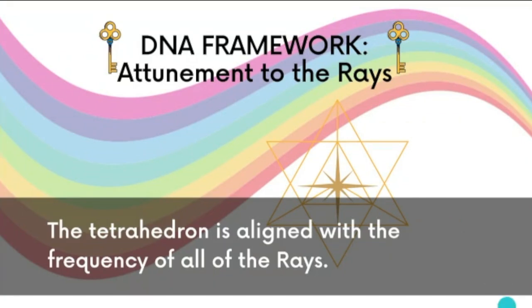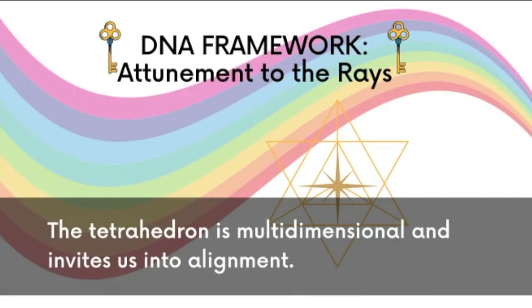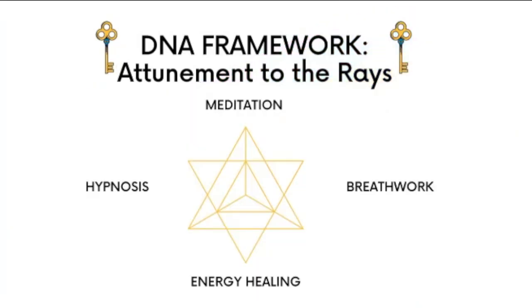And there's a correlation between the sacred geometric forms and high vibrational frequencies of thought, of feeling, of action. All of that is the law of nature. You cannot change it. The tetrahedron then is multi-dimensional. It affects us mentally, spiritually, emotionally, physically, and it invites us into alignment.